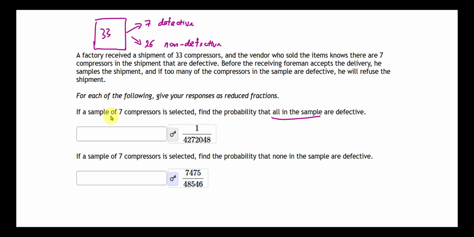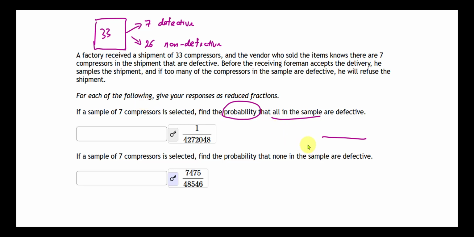So we have 26 items that are non-defective. The first question they ask you is to find the probability. Anytime that you are finding a probability, you need a fraction, because I'm looking for the ratio. What comes at the bottom is the total number of possible choices. I have the total of 33. Now I take out a sample of 7 compressors in any order, so the order does not matter.